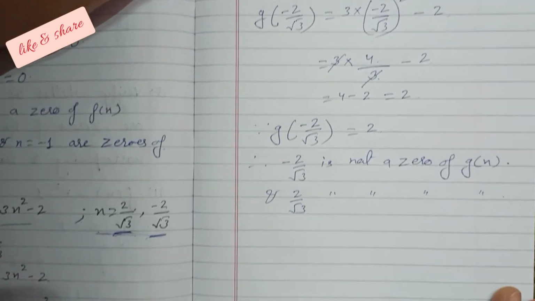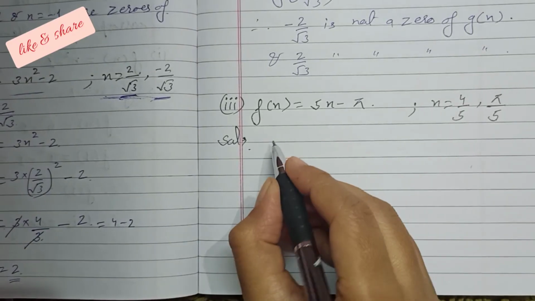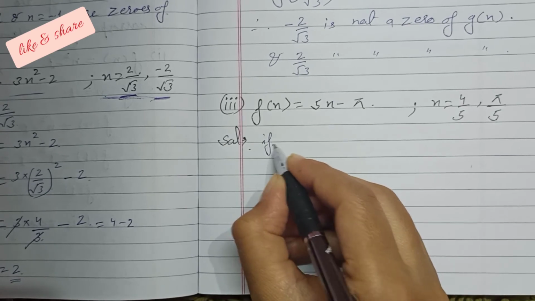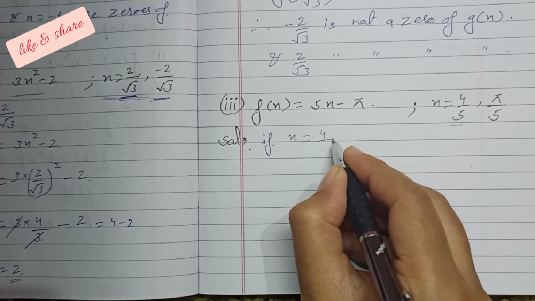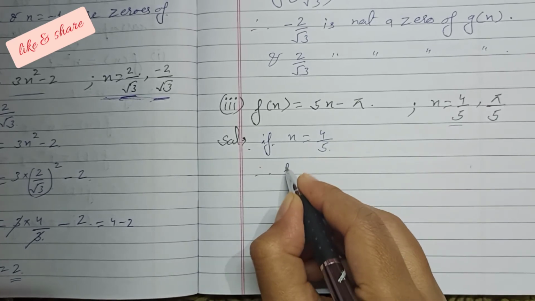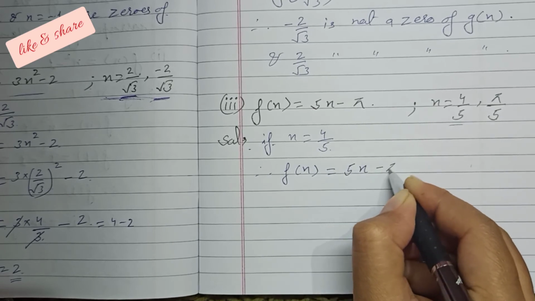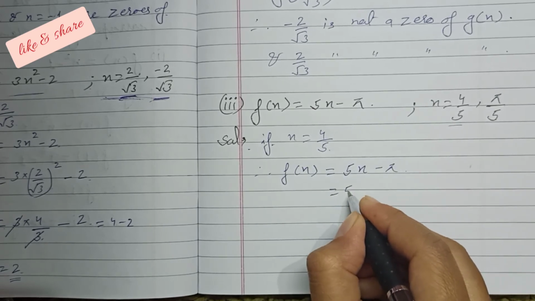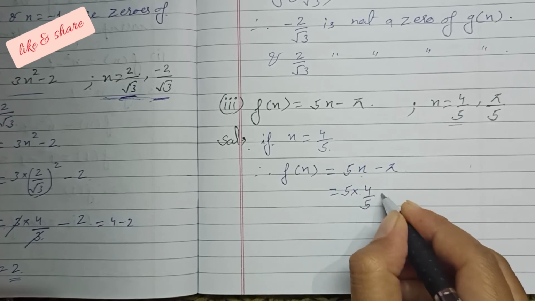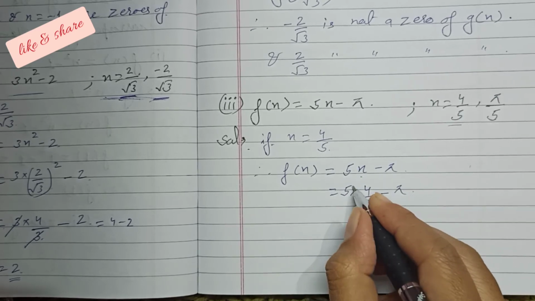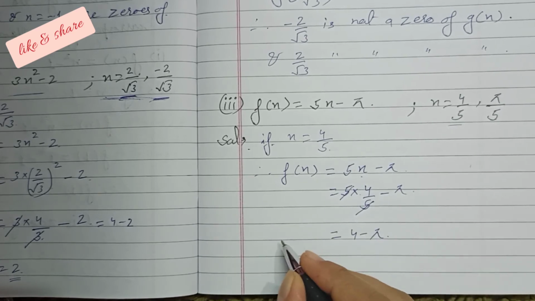Okay, now let us see the next one. This is our next part. So we will do the same thing. If x is equal to 4 by 5, then f of x is equal to 5x minus pi. We will put the value of x, that is 4 by 5, minus pi. 5 and 5 will get cancelled out and we will get 4 minus pi.